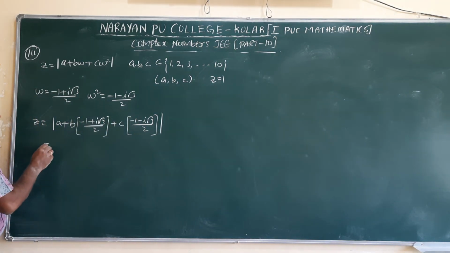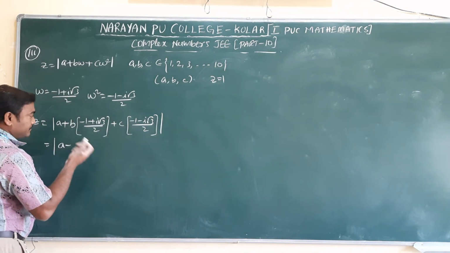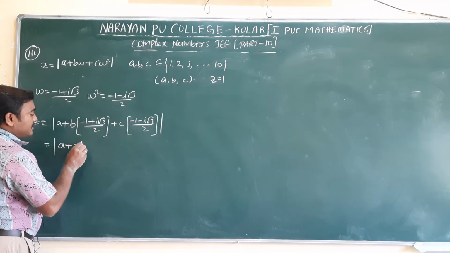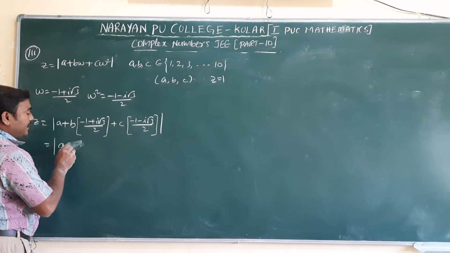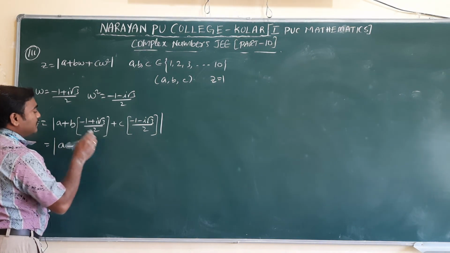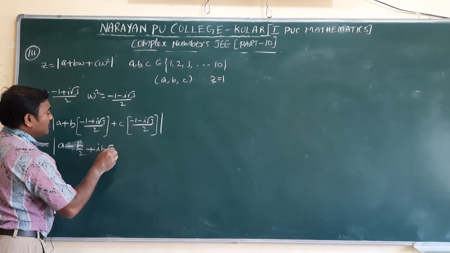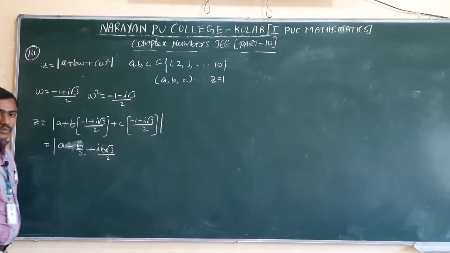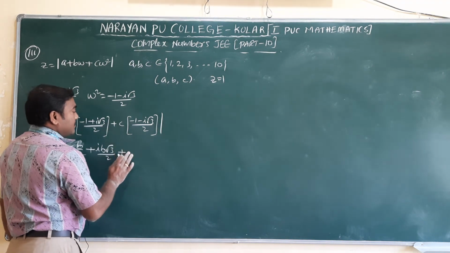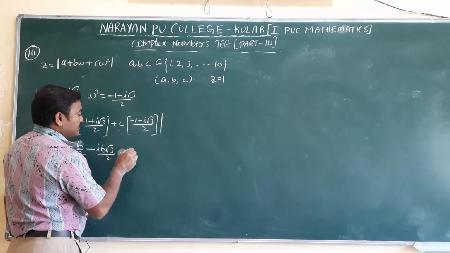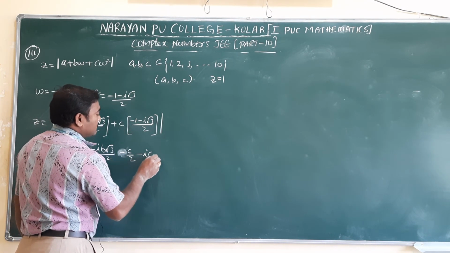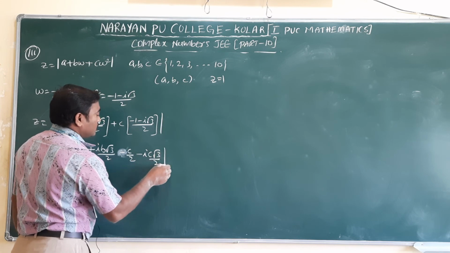Multiplying, we get A minus B by 2 plus i into B root 3 by 2, minus C by 2 minus minus i into C root 3 by 2.